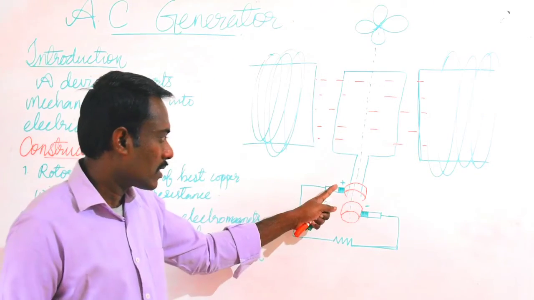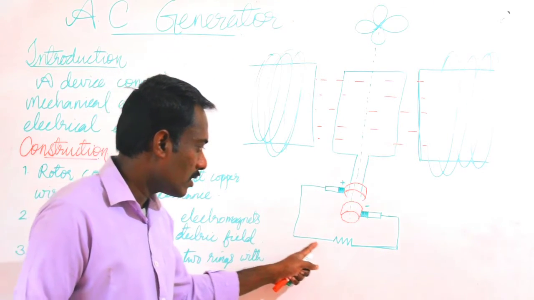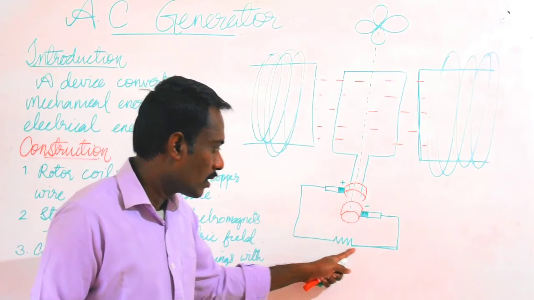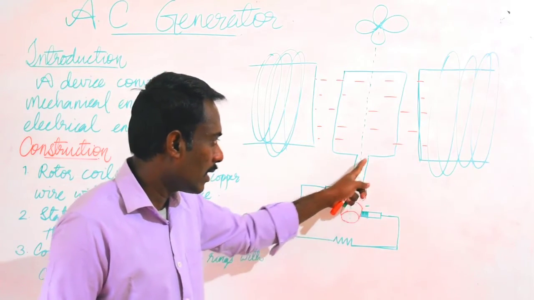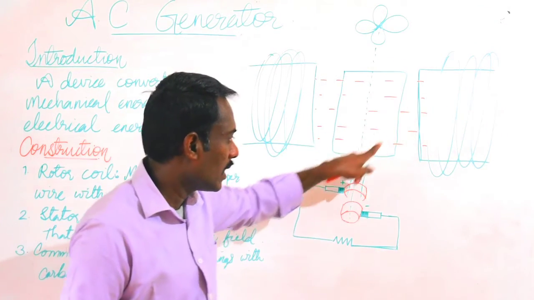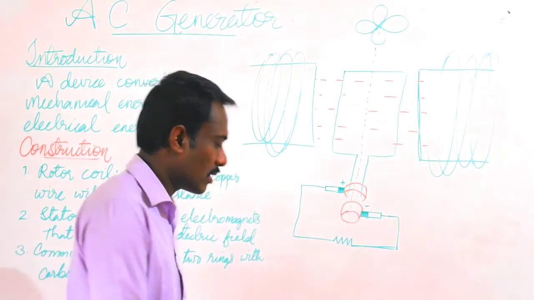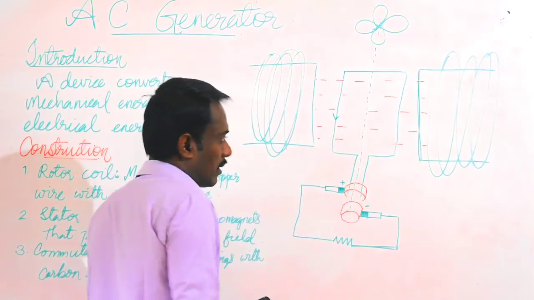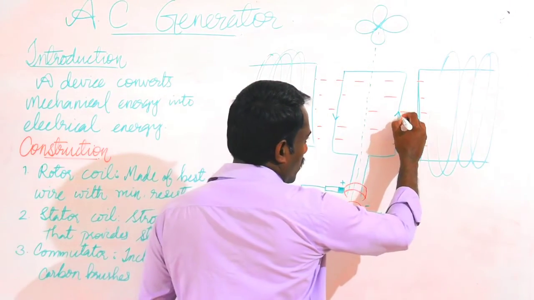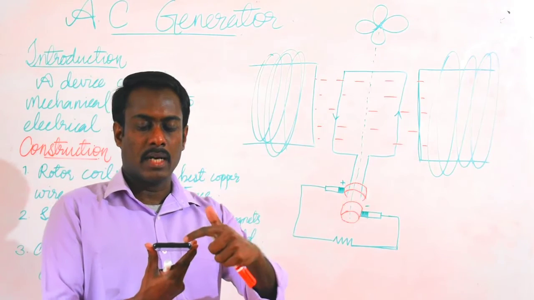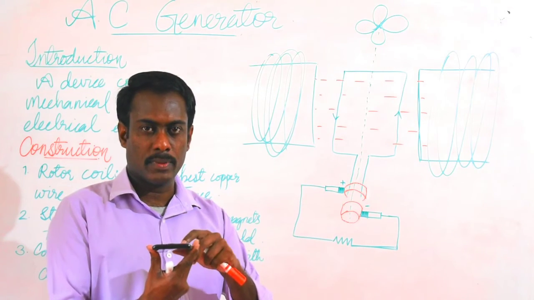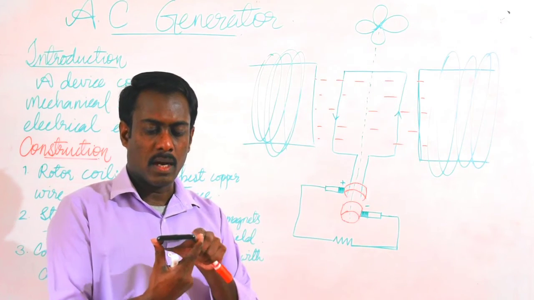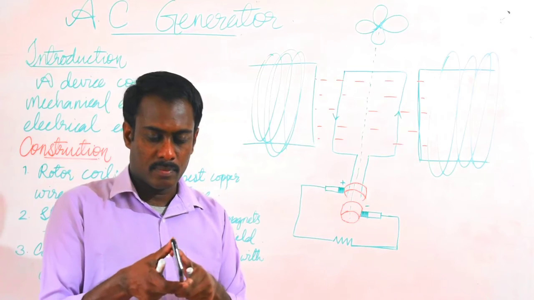Then the positive side commutates the current, and the current goes to the negative side and again goes in this direction. In the first case the electric current flows in this direction, and here it flows in this direction. Will the armature stop here? No, it will not stop here due to momentum, and it will move again.